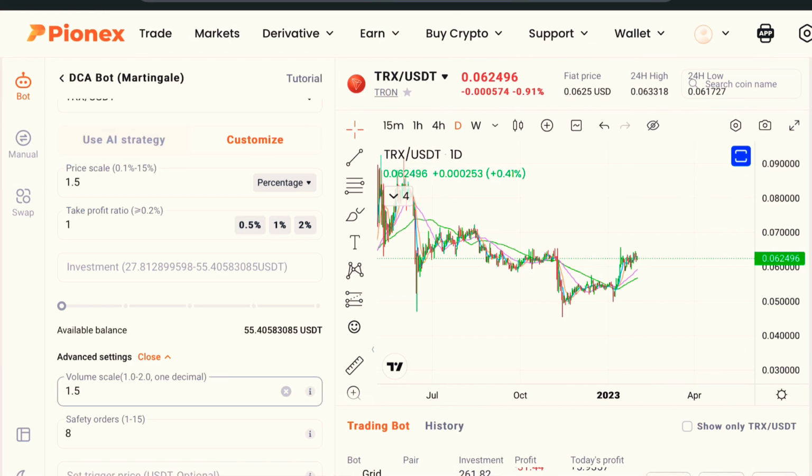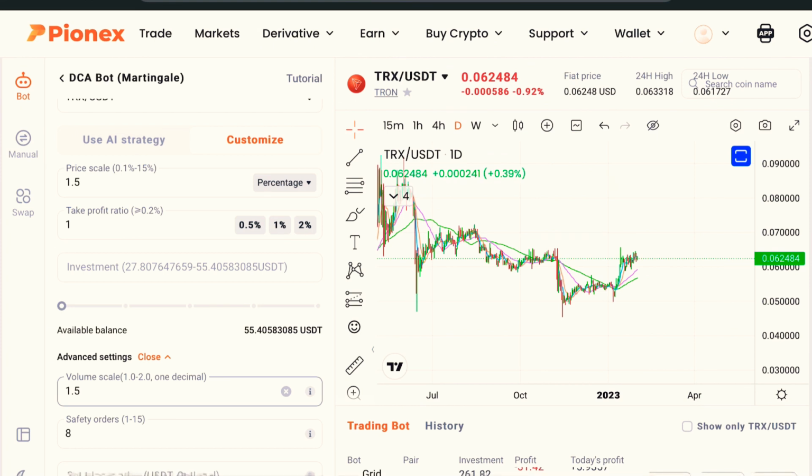And here we advise it to buy 1.5 times the volume of the previous order. So every time it goes down, it will be buying Tron in increasing volumes of 1.5 times, up to 8 times, right? The most important thing is we'll have to check, are we going to trade this conservatively, or are we going to take quite a risk?